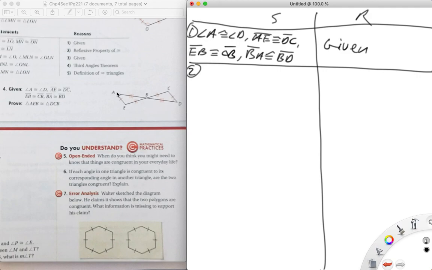Okay. I can use the reflexive property to say that angle ABE is congruent to angle DBC. And I can use reflexive property, as I said before.